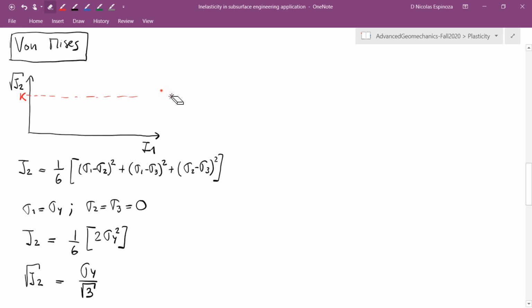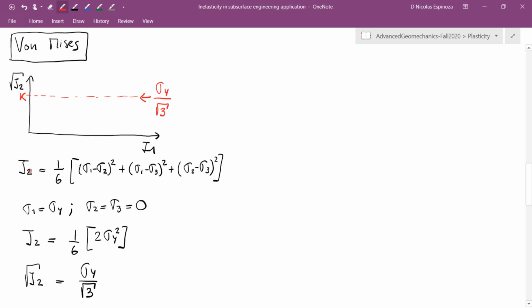So let me take advantage of this plot. In von Mises, this limit is going to be given by the yield stress measured in a pulling experiment without any stresses on the side, divided by the square root of 3. Notice that we have used the principal stresses, but we have gone through the second invariant of the deviatoric stress tensor, which is just one value.